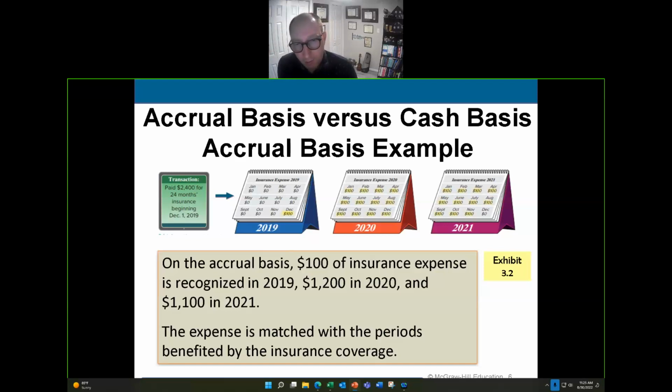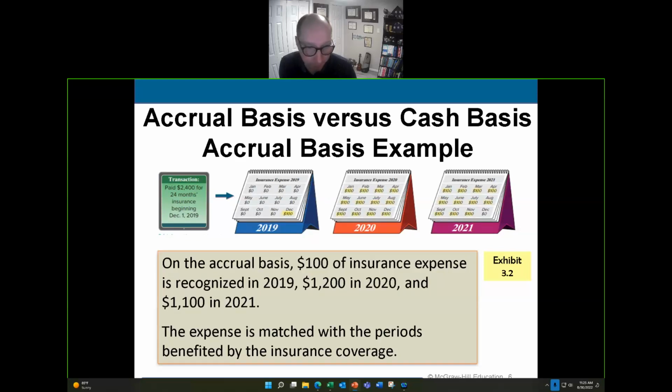Now, when I pay that insurance for the whole 12 months, I'm using the accrual-based accounting system. Now, what happens is I have to break out the consumption of that 12 months.